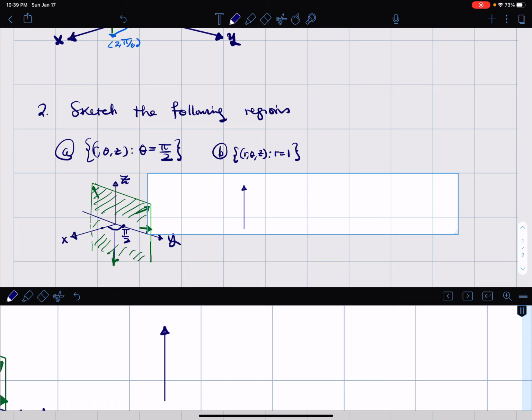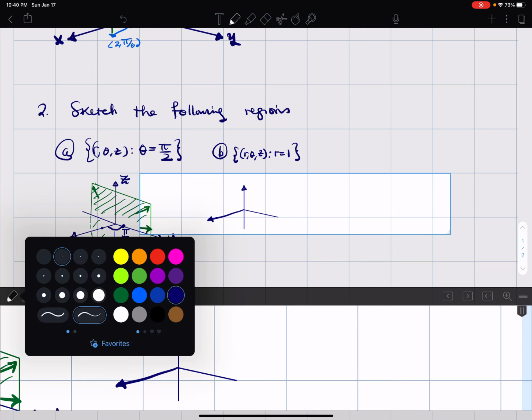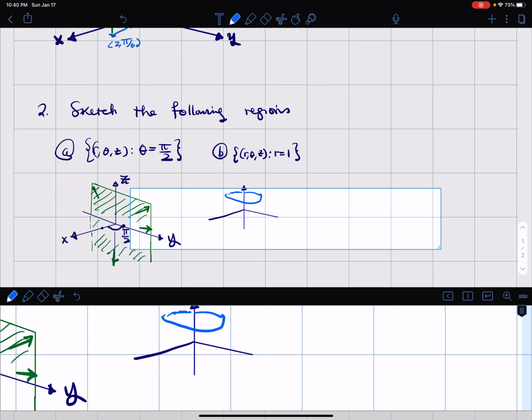So if that's the case, we are simply looking at a cylinder of radius 1. No restriction on theta, so that means theta goes from 0 to 2 pi, and z goes from negative infinity to infinity.